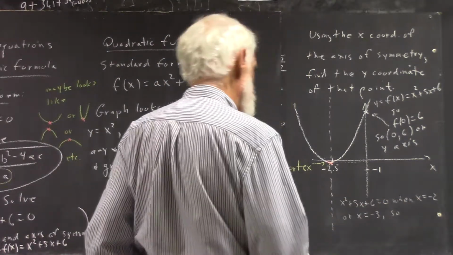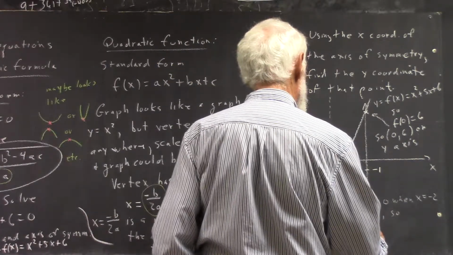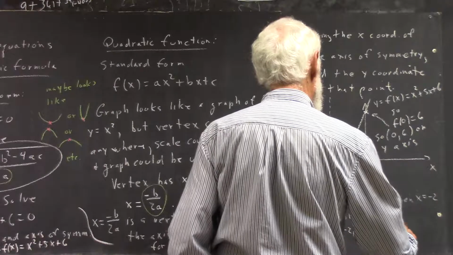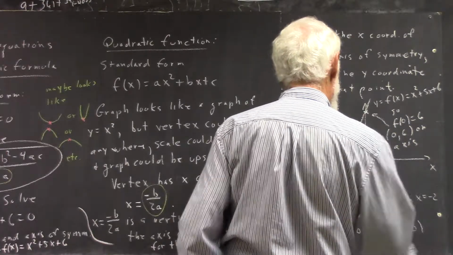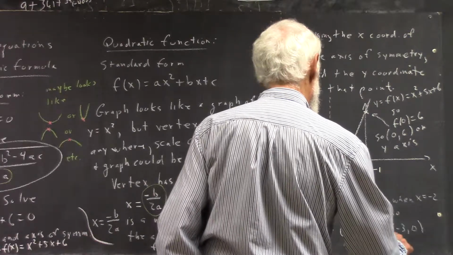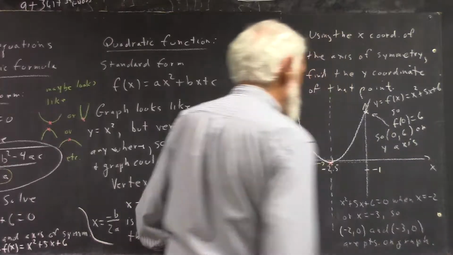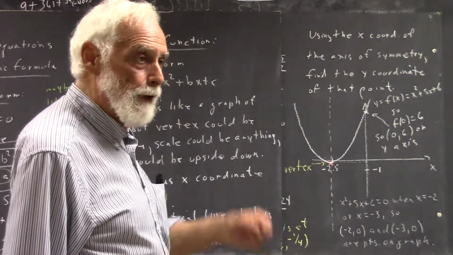So -2, 0 and -3, 0 are points on the graph.